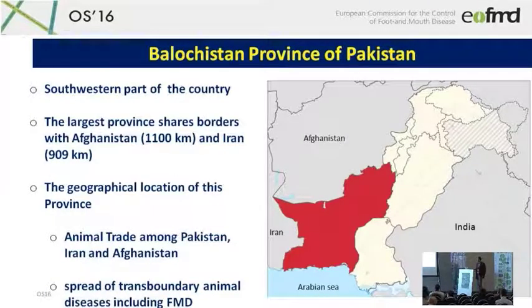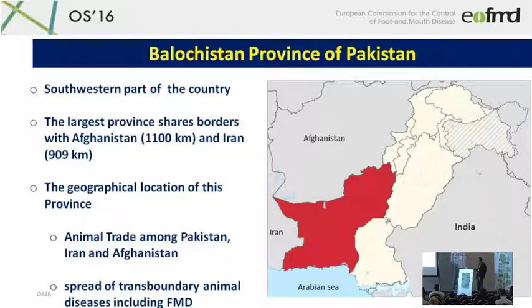Balochistan is located in the southwestern part of the country. It is the largest province of the country that shares borders with Afghanistan and Iran. The total border between Pakistan and Afghanistan is about 2,430 kilometers, of which Balochistan shares 1,100 kilometers with Afghanistan, and with Iran, Pakistan shares about 909 kilometers of border.